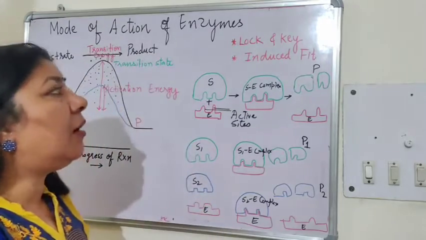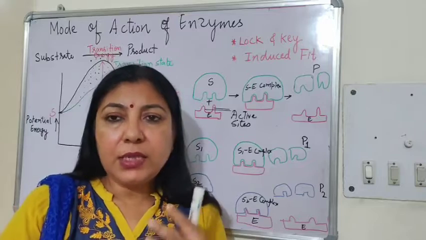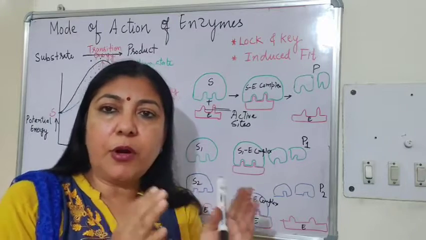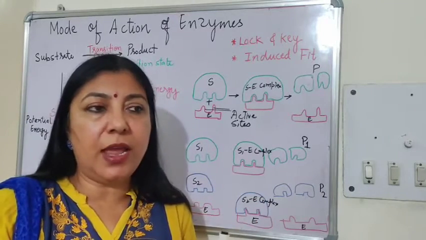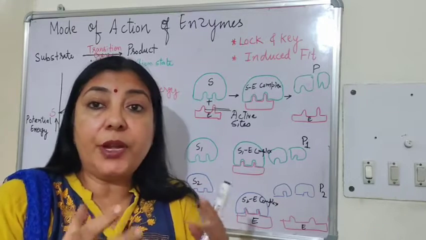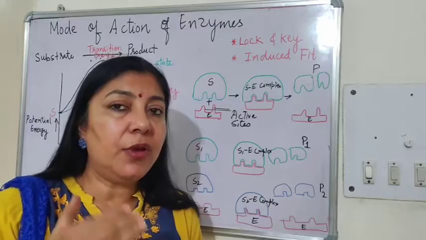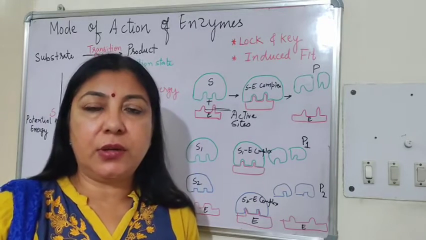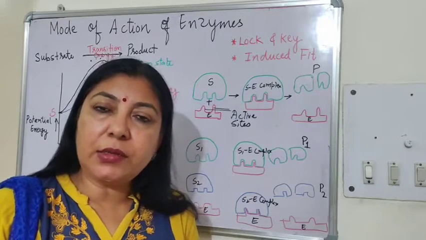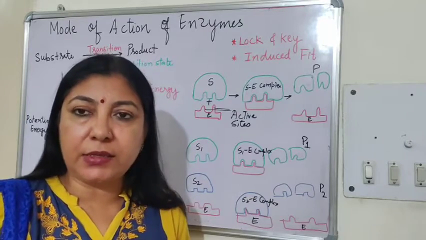But nowadays, we see a very important property of enzymes, which is competitive inhibition. There are certain inhibitors which can affect the rate of reaction. These inhibitors compete for the active sites.